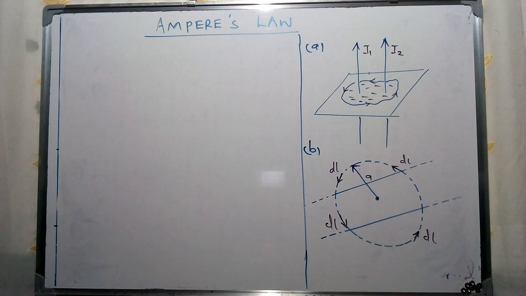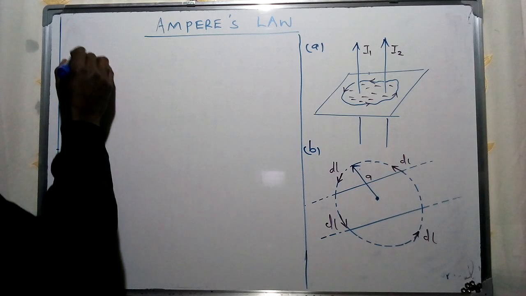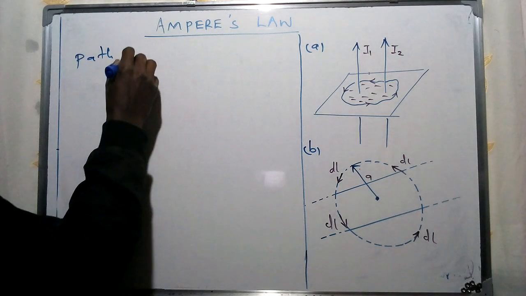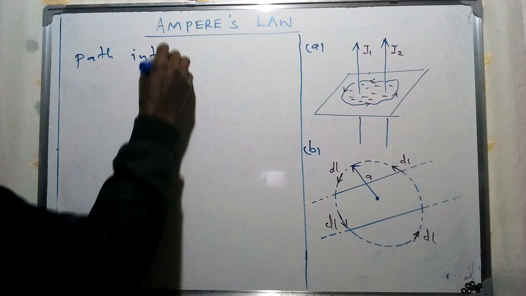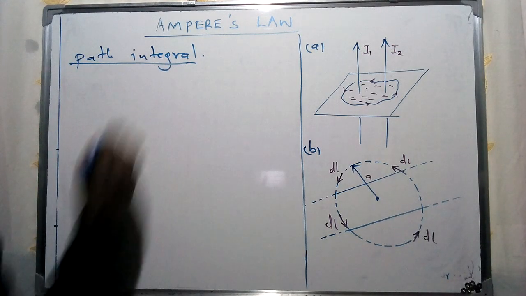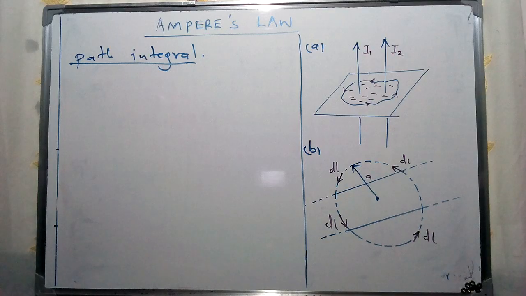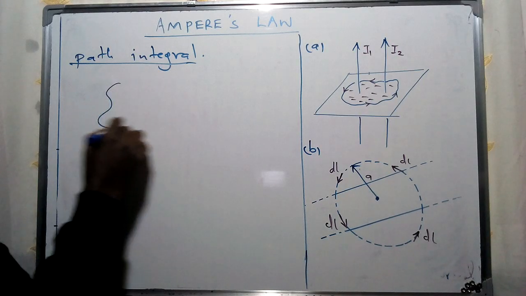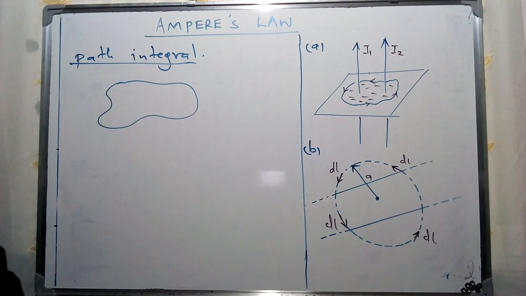Now in this case, we're going to remind ourselves of the concept of a path integral, a reminder from our last discussion on various aspects of a line or path integral. We have an arbitrary, purely illustrative figure.